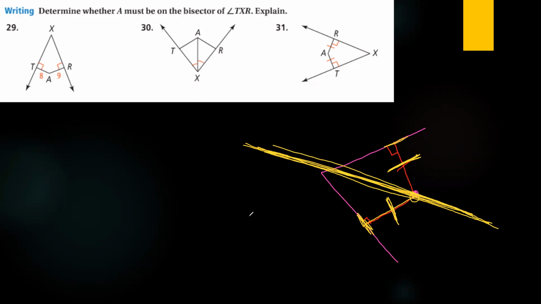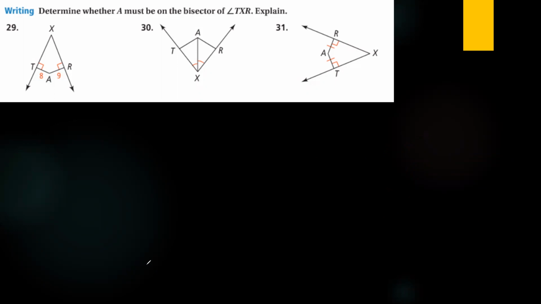Let's see these examples. Here we have angle and point A. And I told you that if I want to determine whether this point is on the bisector or not, what must they have?